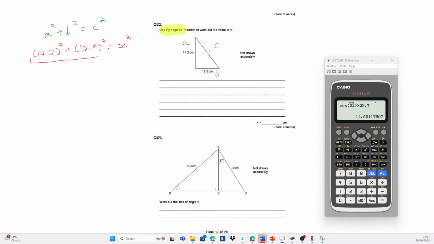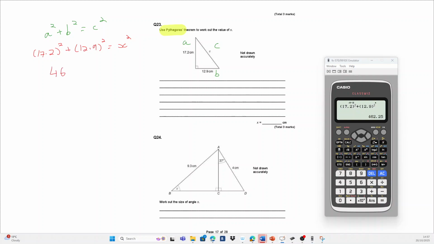Let's just put this into the calculator and simplify it all up. So I've got 17.2 squared add 12.9 squared gives me this. So 462.25.